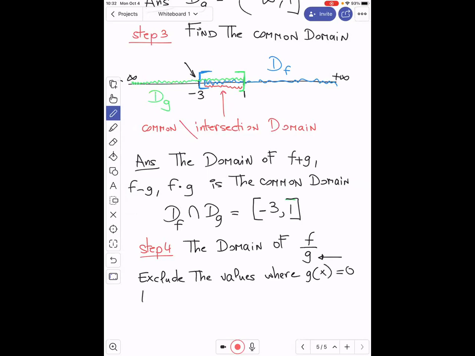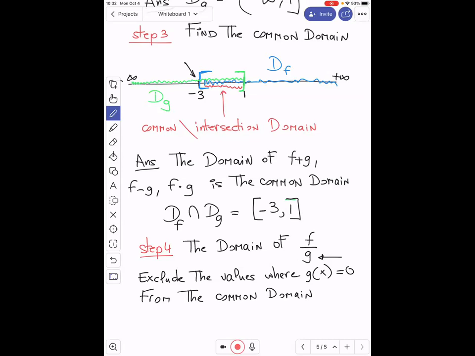We exclude them from the common domain. We need to know where g of x is equal to 0, not larger or equal, not positive or negative, it's just equal to 0, right?